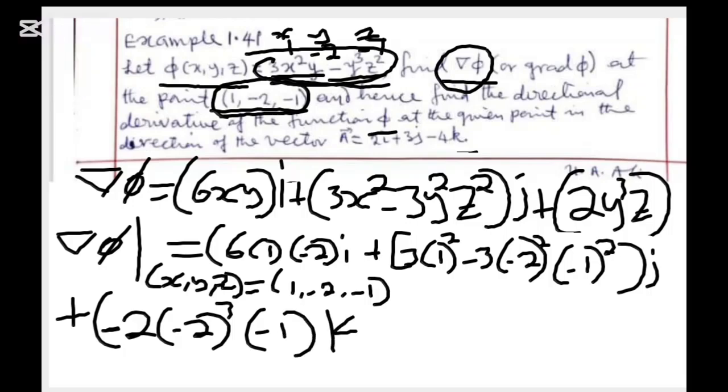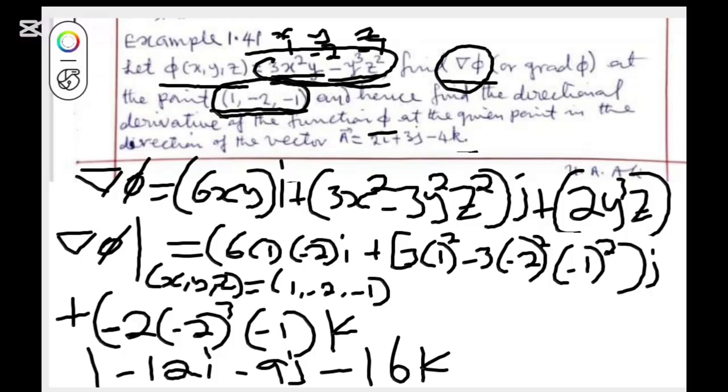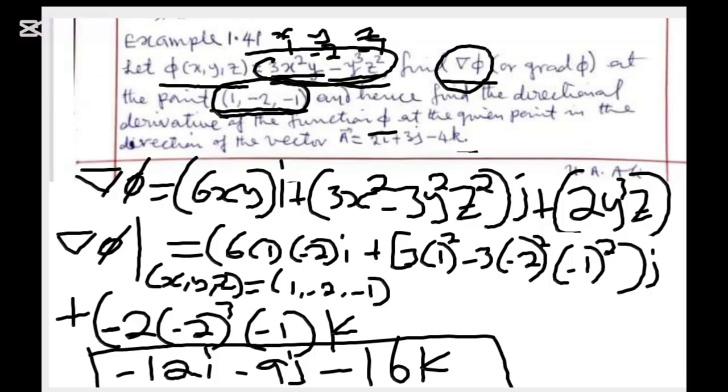So the next thing that I'm going to do here is that I'll have -12i, minus 9j, minus 16k. So this is my final solution.